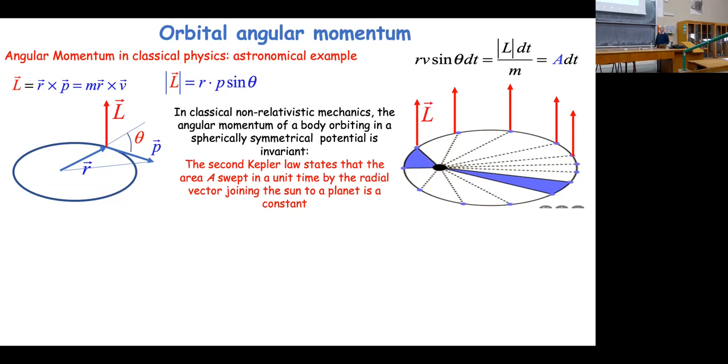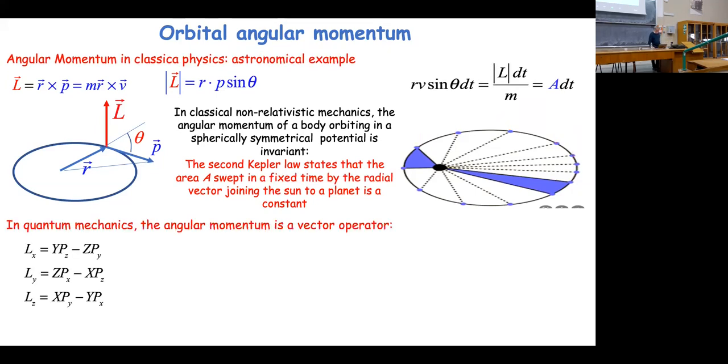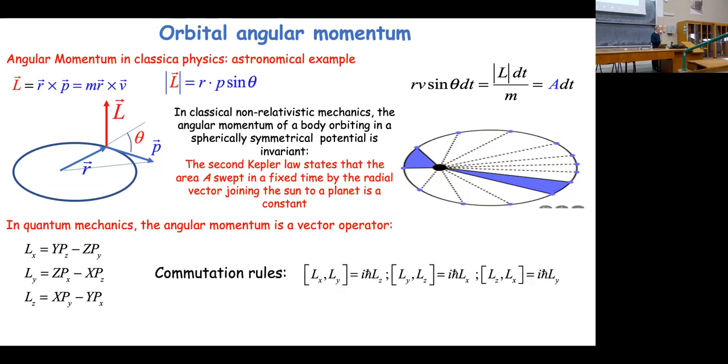Now, where does it lead us in quantum physics? When you go to quantum physics, the components of this cross product are written here, and they are products of position and momentum quantities which do not commute. From this expression of Lx, Ly, and Lz, you can easily, as an exercise, establish the commutation rules. One finds that the commutator of Lx with Ly is equal to i h bar Lz.